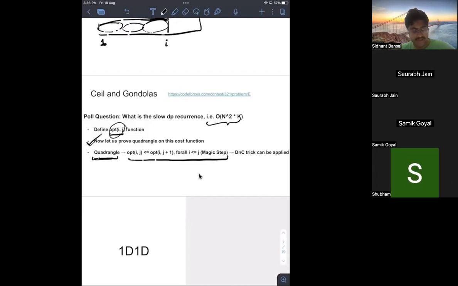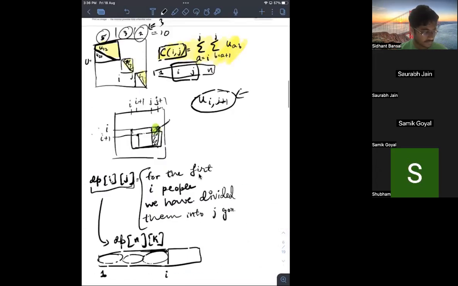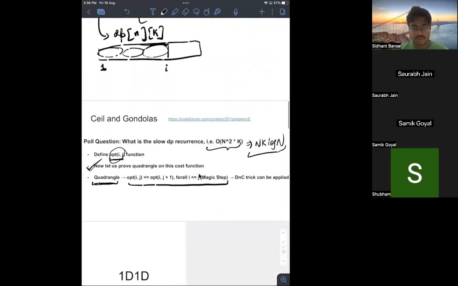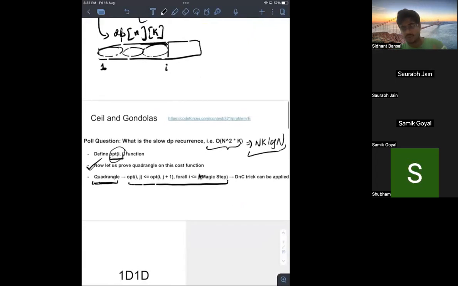Note in this question, n squared k doesn't work. You probably want something like nk log n as a runtime, because n and k are large enough that n squared k will not work. If you have any ideas, I think Saurabh had more or less cracked how the n squared k solution will look.